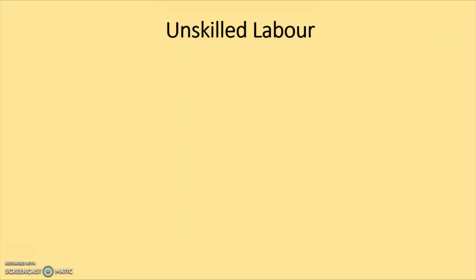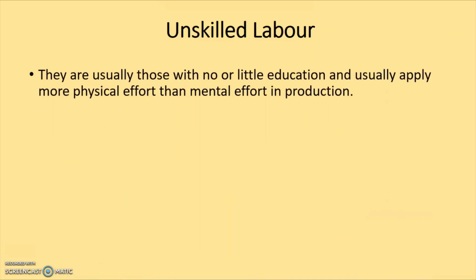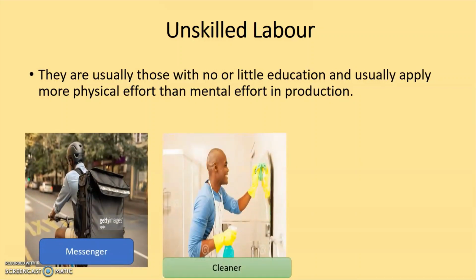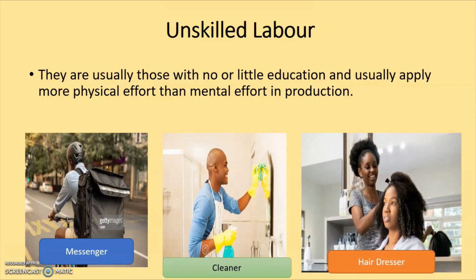Then we have the second type of labor, which is known as unskilled labor. So let's see who an unskilled labor is. They are those labor that have either no education or a little form of education, and with this type of labor, they use more of their physical effort or strength in production than the mental effort. An example, we have the messenger, the cleaner, and then the hairdresser.